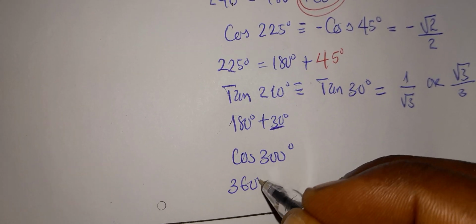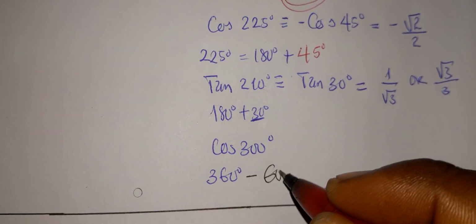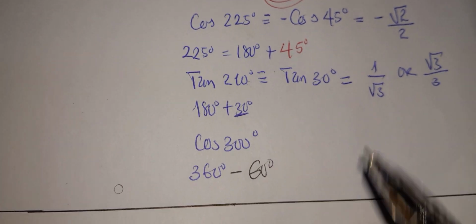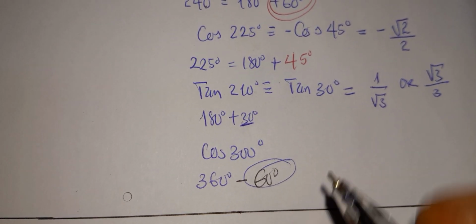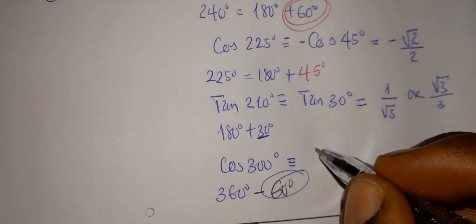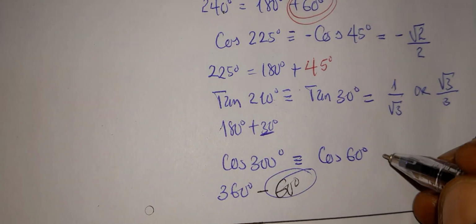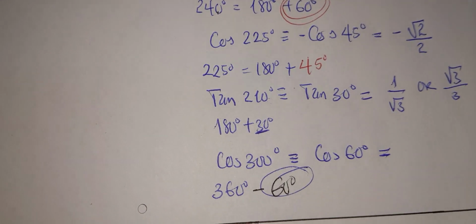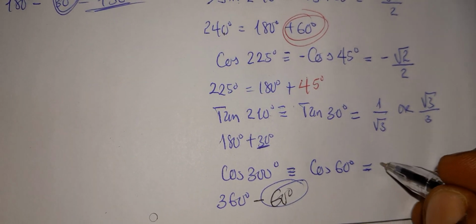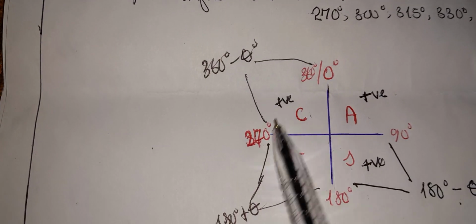To be 360 degree minus 60 degree. So our special focus is on 60 degree. So it means cos 300 is equivalent to cos 60 degree. And cos 60 degree is 1 over 2. Is it positive or negative? We're going to go to our chart here. The only thing that's positive here is cos.